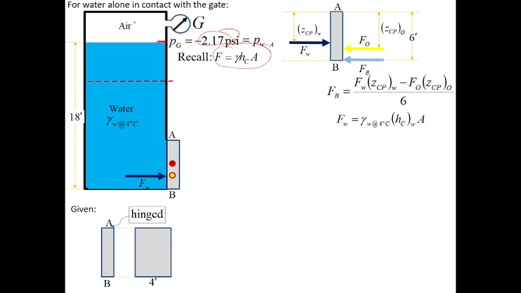Take note, since this is gas, the pressure at any point in this region is negative 2.17 psi, and at the interface now, this is negative 2.17 psi.